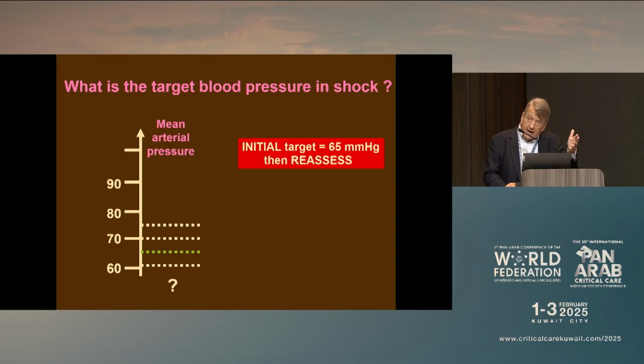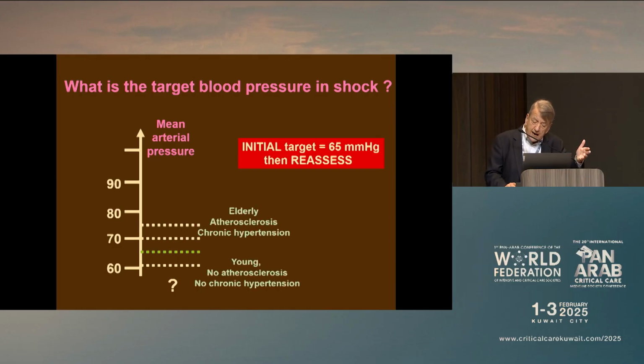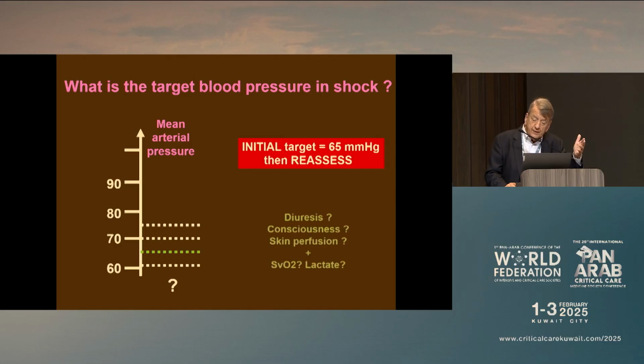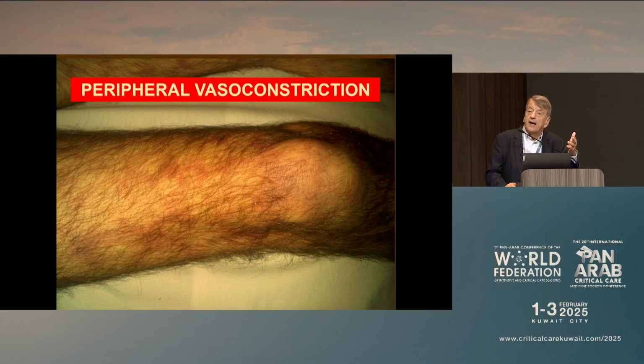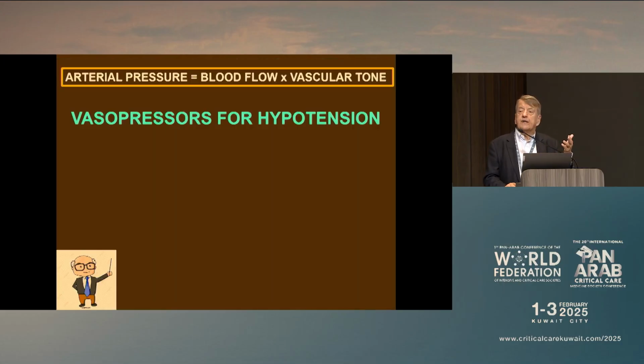So we need to put our hands on the patient. We need to examine the patient. We need to consider the history, but also diuresis, also consciousness, skin perfusion. And of course, with vasopressors, we do not want the patient to be vasoconstricted.